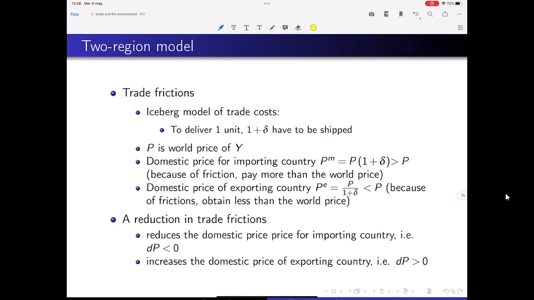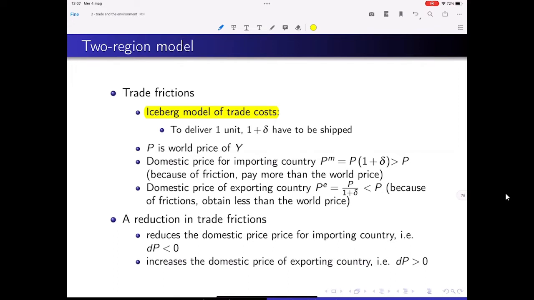Okay, the model is the simplest as possible. Those of you familiar with trade theory will have heard of this type of model. This is going to be an iceberg model of trade, meaning that shipping goods from one country to another country is like shipping an iceberg.